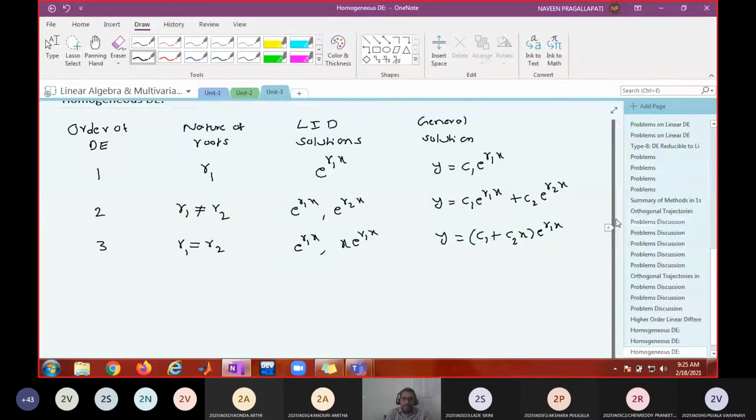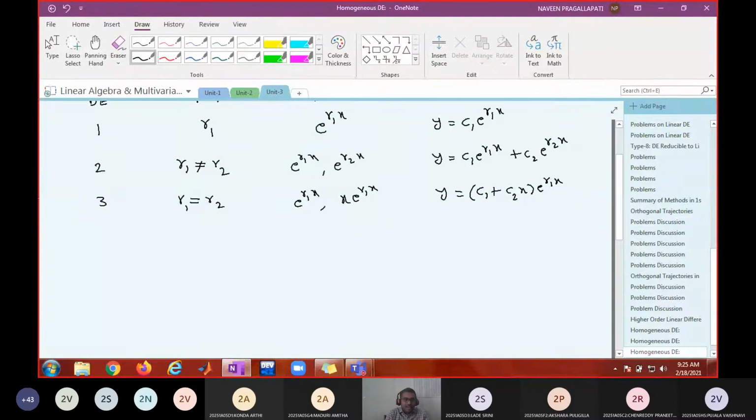Now, if the roots are distinct but complex conjugate, let us say R equal to A plus IB or A minus IB, so R1 is A minus IB, R2 equal to A plus IB. Then what will be the independent solutions?